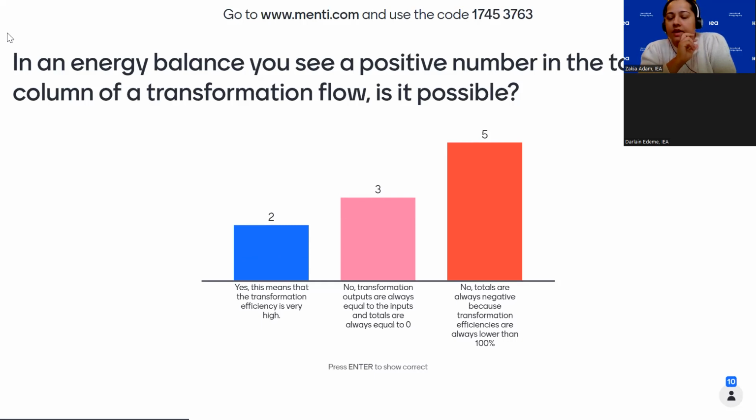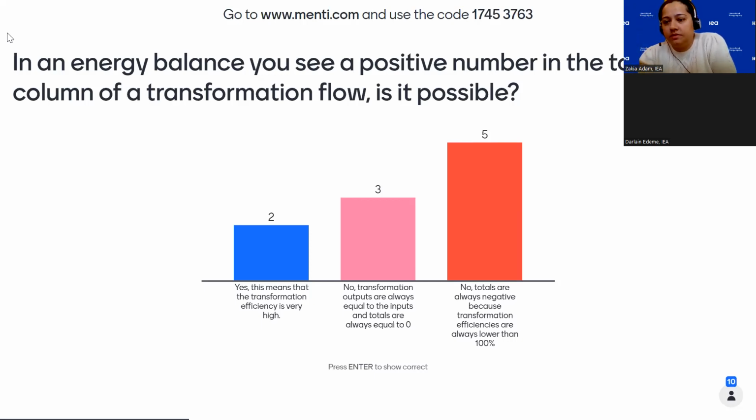So maybe take the example, you have 100 of crude oil input. Can you have 110 of oil products output? And then in your transformation total, you have 10 because you have minus 100 plus 110.